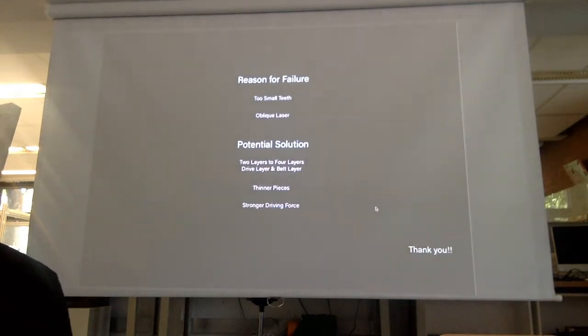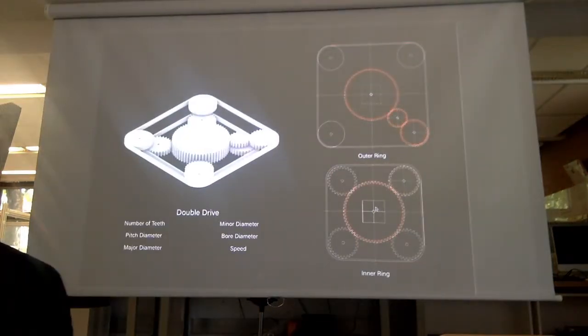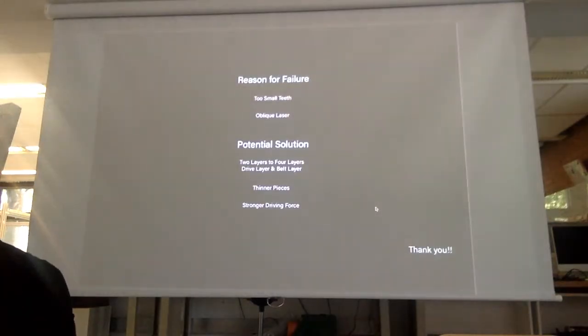Potential solutions to solve the problems. The first, as I said before, I have two layouts. Maybe I can change it to four layouts. One layout is for driving, so they can drive each other, and another layout is to drive the belt, dividing into two layouts.